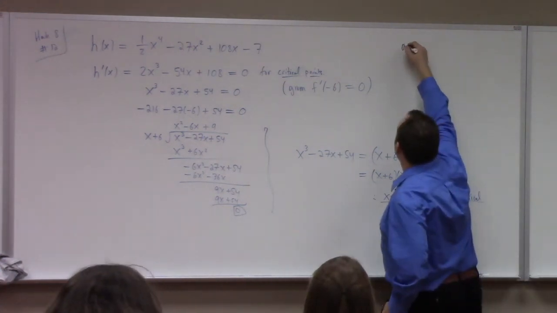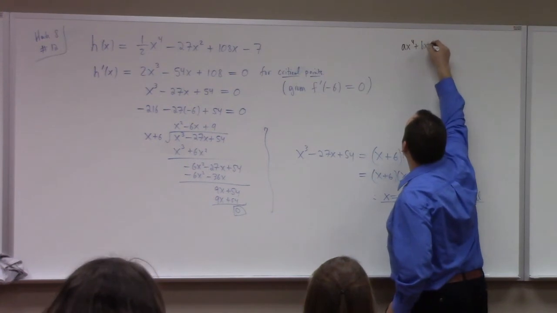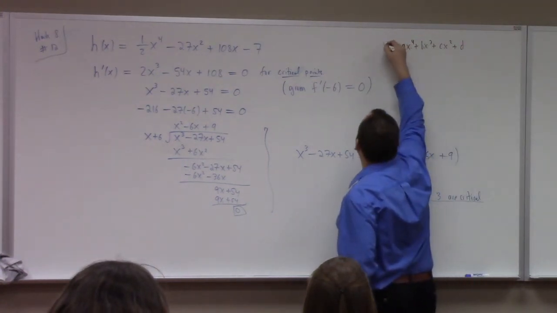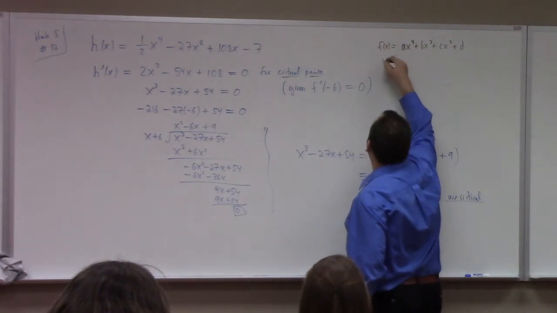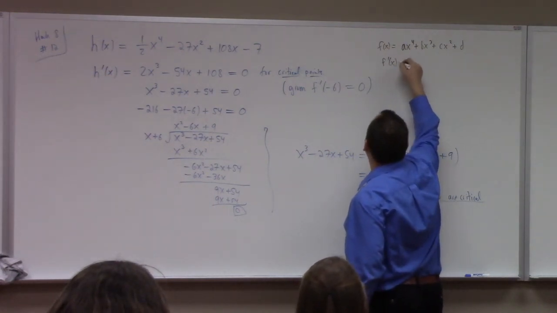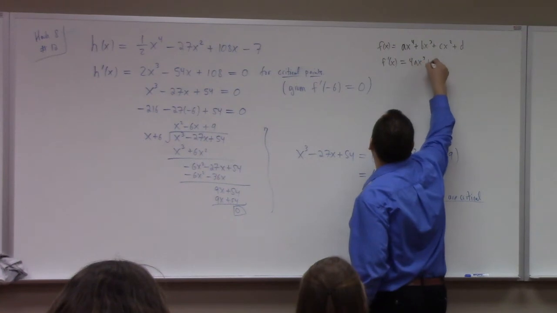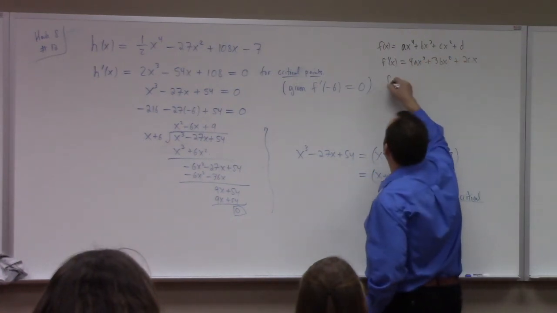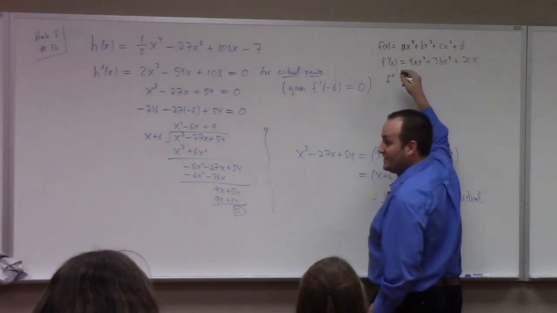If I generically have ax to the fourth plus bx cubed plus cx squared plus d, if that's my f of x, then what's f prime of x? Yeah, right. The second derivative is what governs the concavity, exactly.